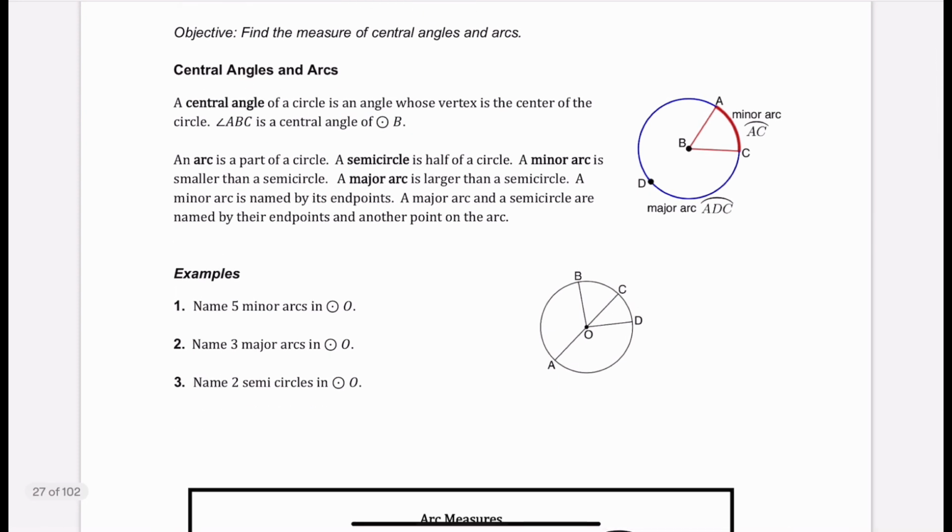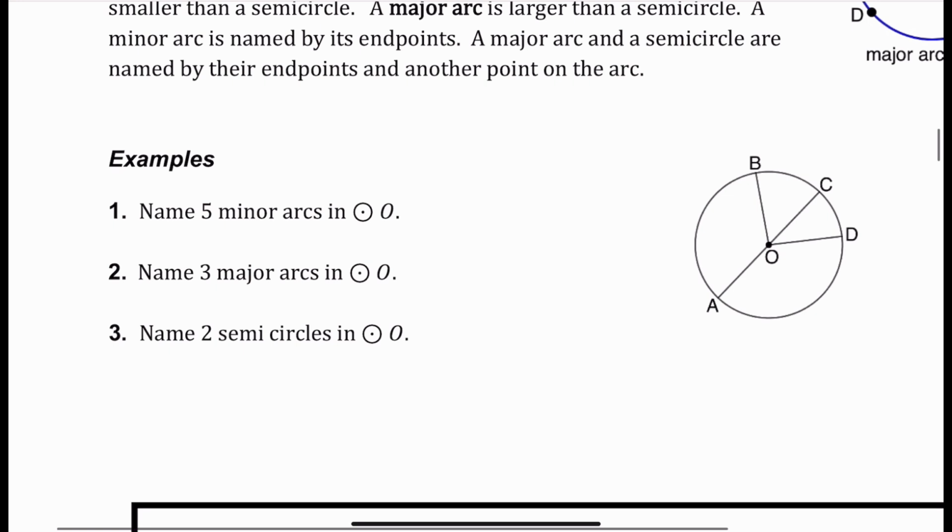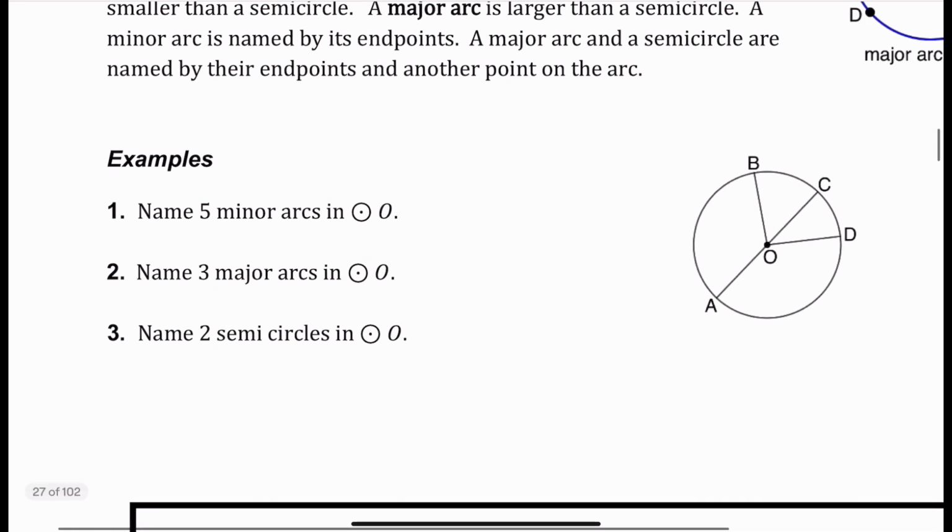So let's talk about some minor arcs. Okay, so there are 5 minor arcs in circle O. We could go from B to C. This would be a minor arc. To represent a minor arc, we're going to put a little arc over BC. We also could do CD, or you could call it DC, either one.